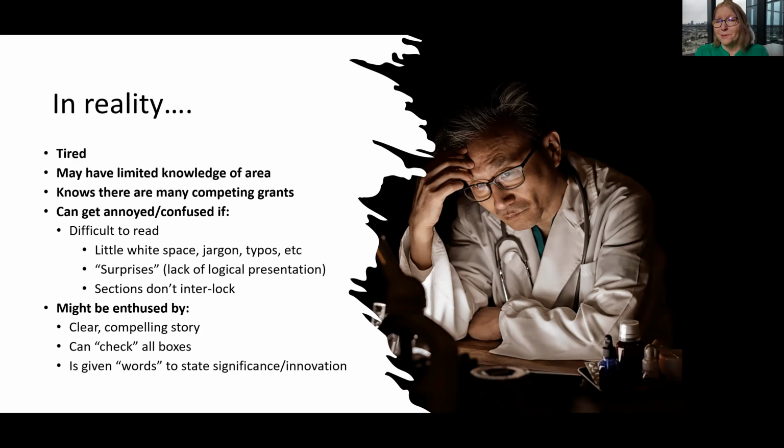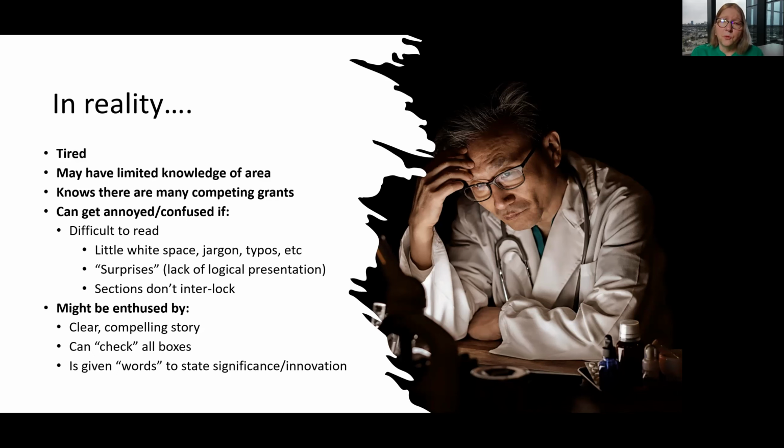And your job is to make sure that they are enthusiastic about your grant as they read it, and give it the highest score. Think about when you read a novel: you are enthusiastic about it if it reads clearly, if the grammar is good, if it tells a story that you can resonate with, and it's logical. And it's the same thing with a grant.